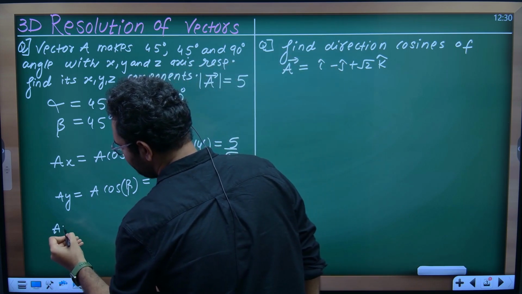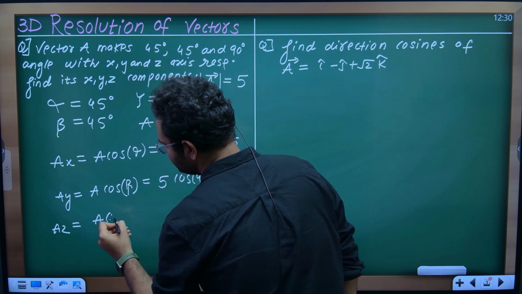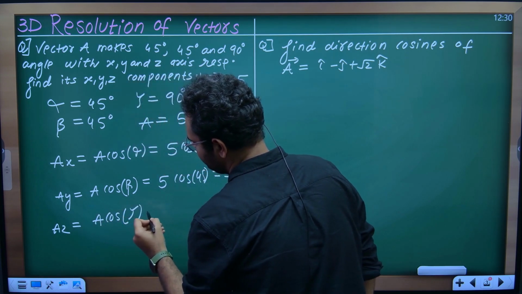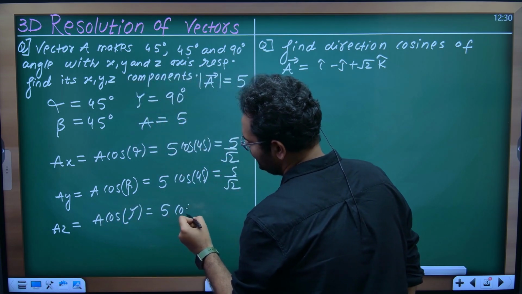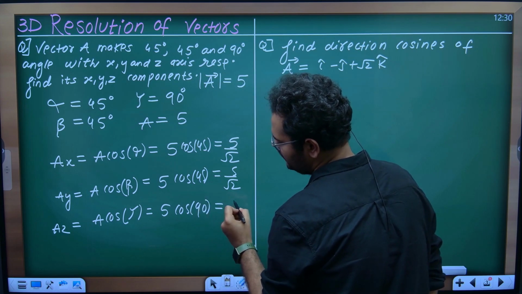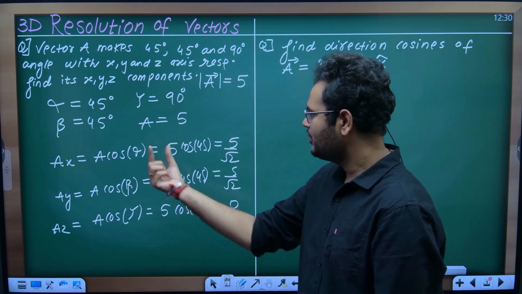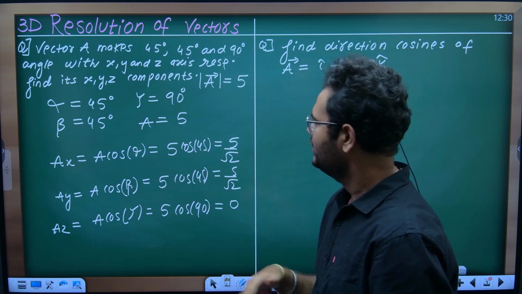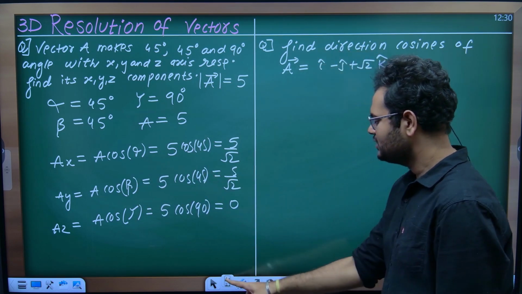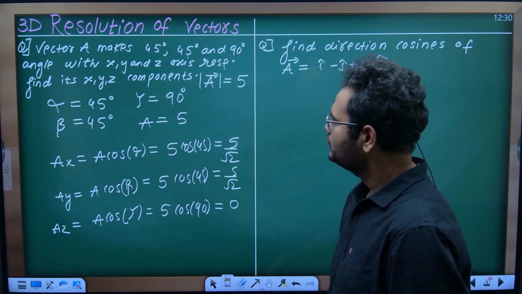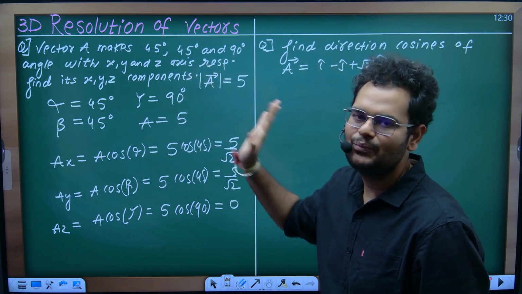And Az finally is A cos gamma, equal to 5 cos 90. What is the value of cos 90? 0 or 1? 0. So it does not have any z component, and the x and y components we have found. Let us take another question. So this is a simple question. When angles are given, components are asked.